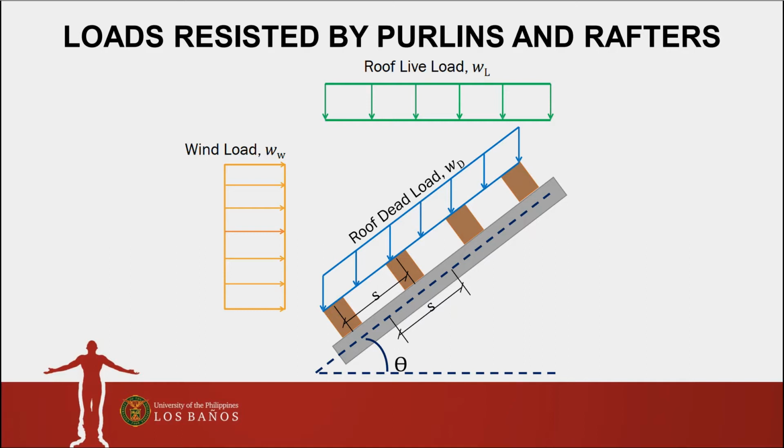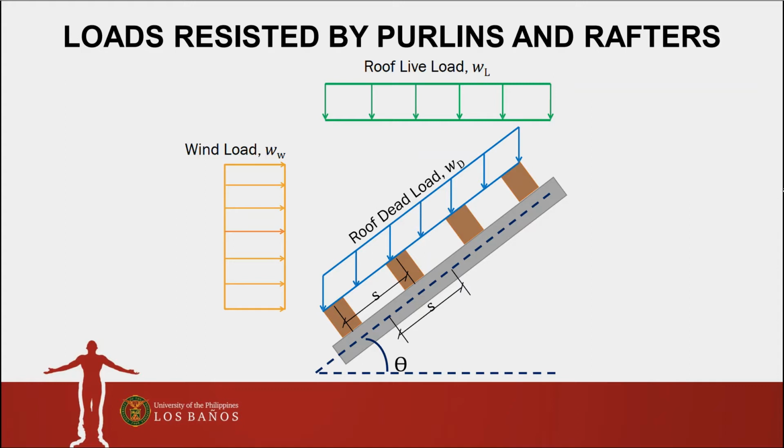Meanwhile, wind load is projected on the vertical height of the inclined rafter. So that is the difference between the three common types of loads resisted by purlins and rafters.